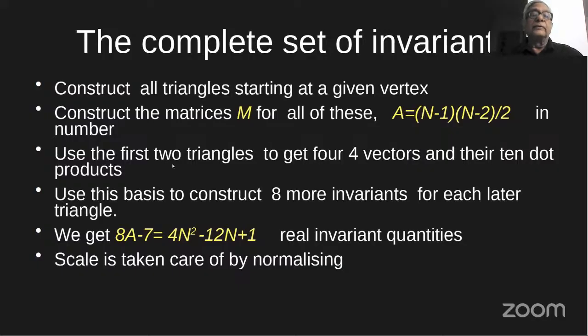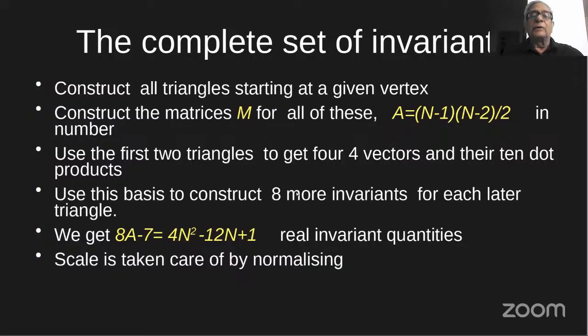Now the first 2 triangles will give you 4 vectors. Already you can do something interesting with them. You can form 10 dot products, each with itself and with the others. So now you have 10 invariants, actually 9 if you take out the scale. But now you have a basis. So now you can project the 2 4-vectors of any later triangle onto these bases.